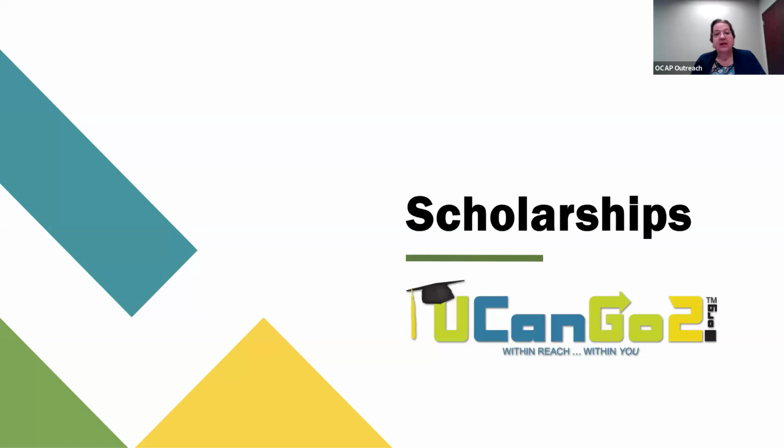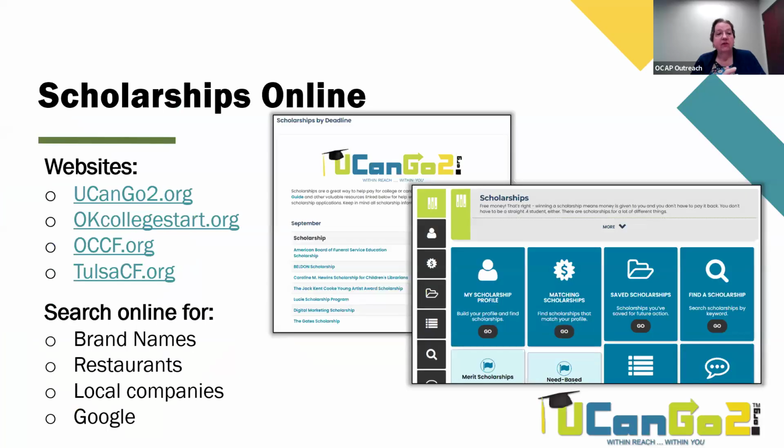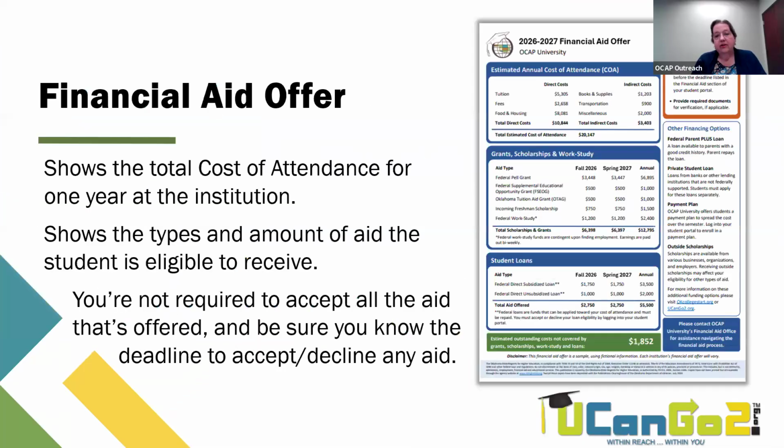All right. Last but not least, we're going to check very quickly on different websites that we suggest for students to look up scholarships. Going back to this award letter, you'll see a green box at the bottom that says estimated outstanding costs not covered by all this aid. If that student has what we call a gap in their financial aid, they're encouraged to look for those scholarships.